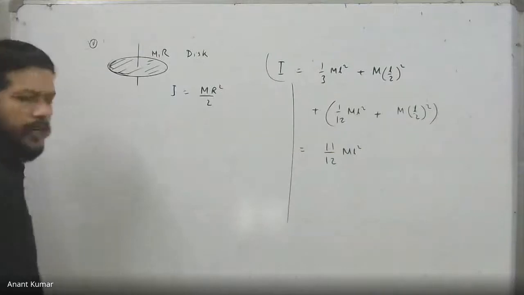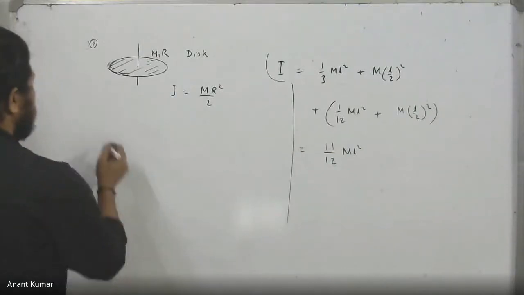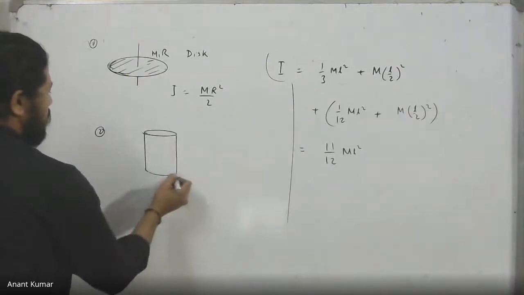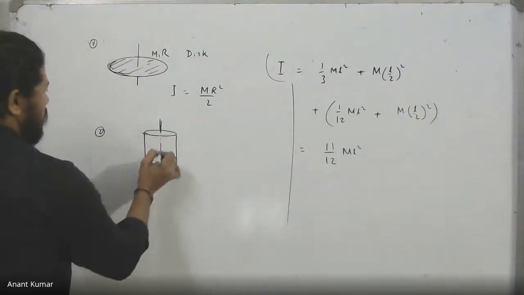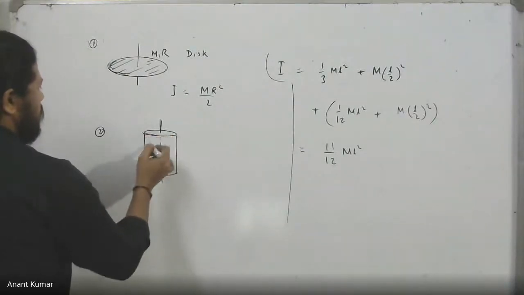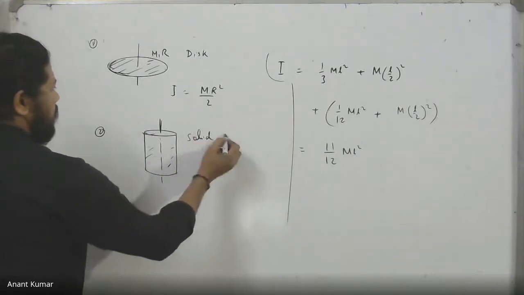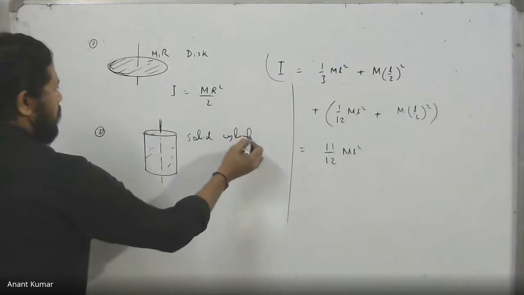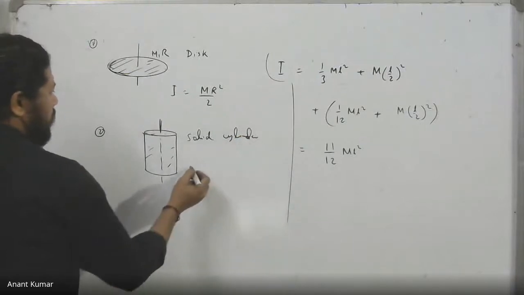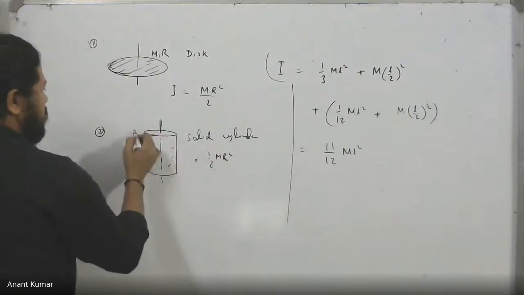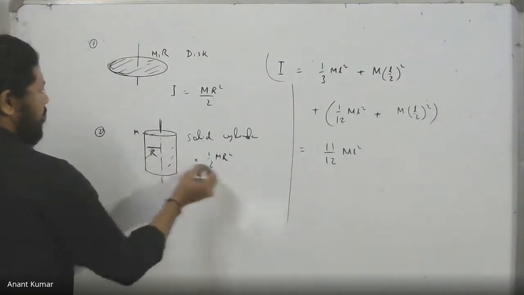In fact, even if I take up a solid cylinder, that becomes half m r square again, assuming the mass to be m and the radius to be r.